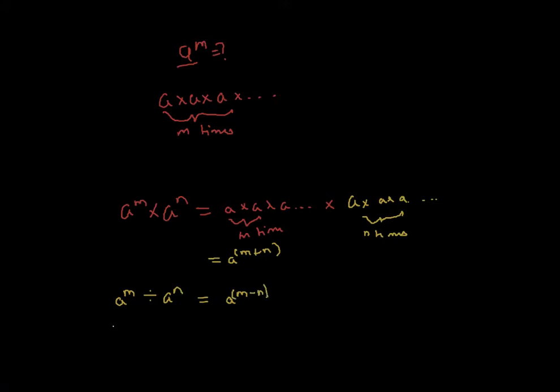But this is not commutative, so you can't write it as n minus m instead of m minus n. Similarly, as we have learnt in the topic of integers, division and subtraction are not commutative. So let's just take a moment and contemplate.